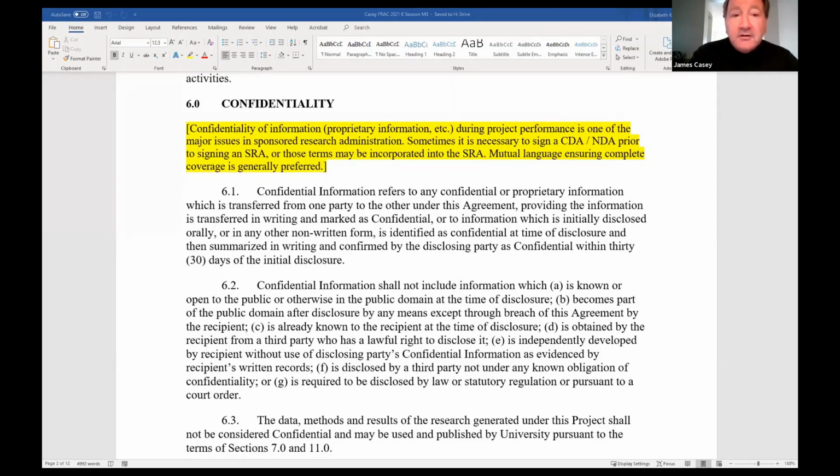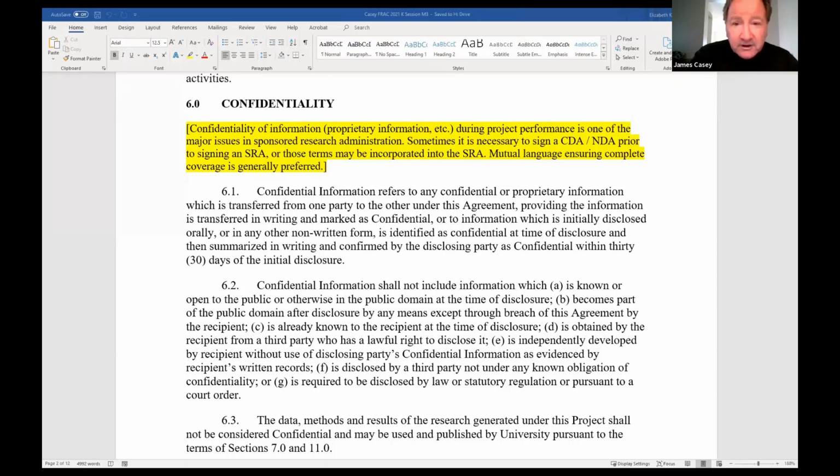And in fact, many CDAs and non-disclosure agreements don't lead to funded research, because sometimes the parties talk and it leads to nothing. So a separate CDA or NDA is very important for that reason alone.